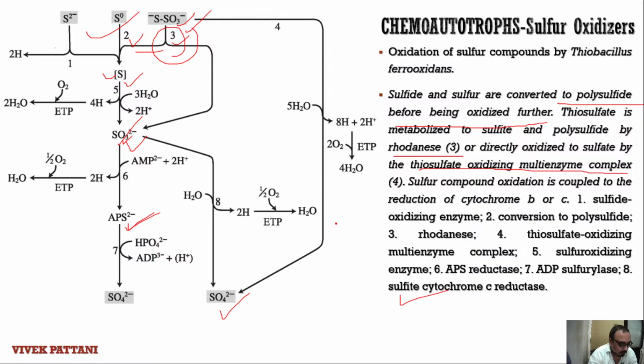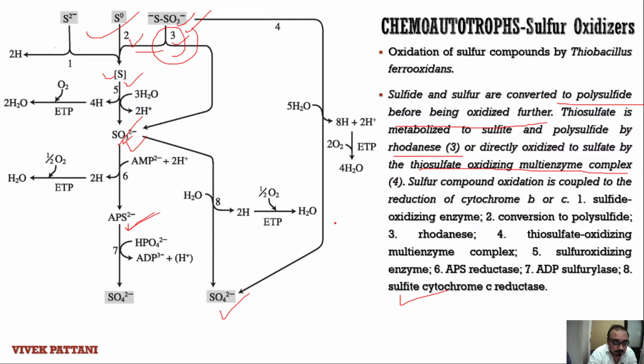It is assumed that the electrons obtained in the oxidation of sulfide to sulfate enter the respiratory chain at the level of cytochrome C, and at least some thiobacilli such as Thiobacillus thioparus or Thiobacillus denitrificans can utilize energy available from the oxidation of sulfide to sulfate by substrate level phosphorylation also. So it depends on various other forms also.